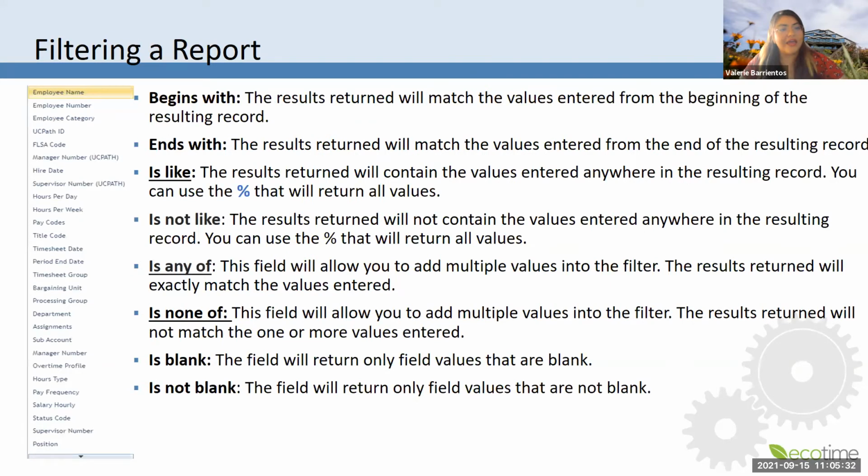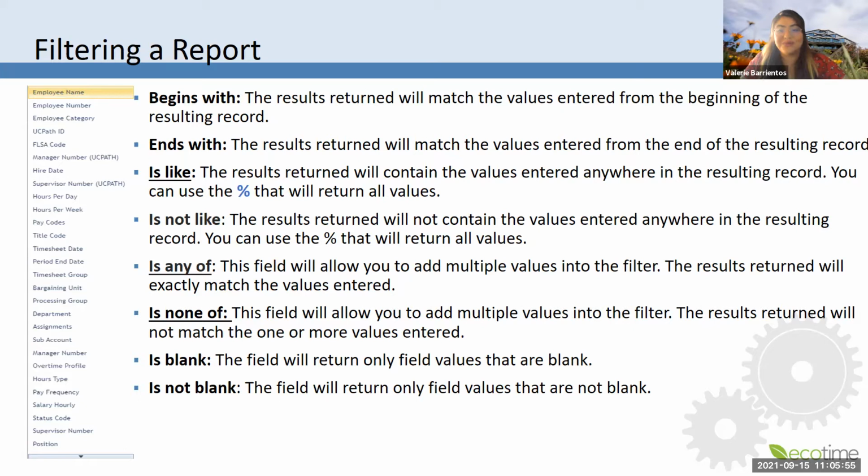Going into even further detail on the other ones that we have, there is like: the results returned will contain the values entered anywhere in the resulting record. We actually use a wildcard, and the % sign is our wildcard that will return all values. Is any of: this field will allow you to add multiple values to the filter.